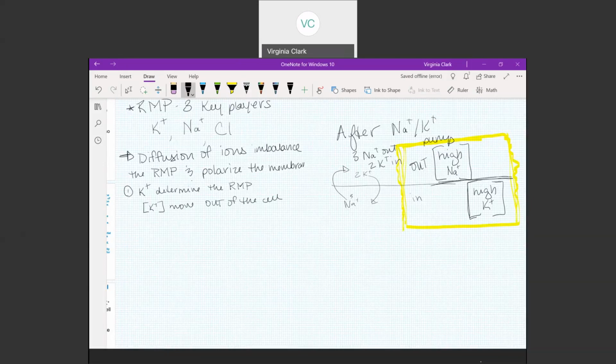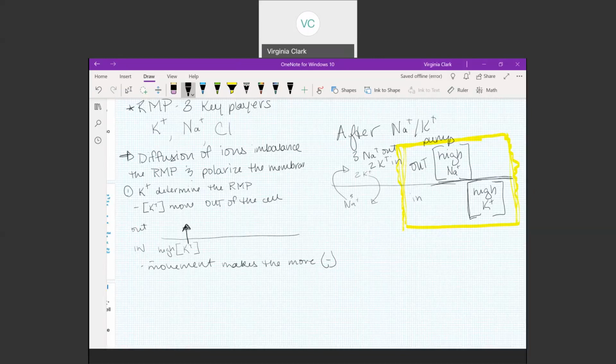We have our potassium, which is high on the inside, and it will move out of the cell, down its concentration gradient. Not only is potassium moving out of the cell, but the movement makes the inside more negative.